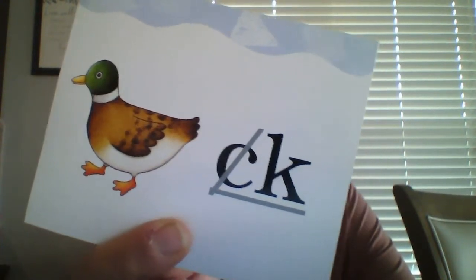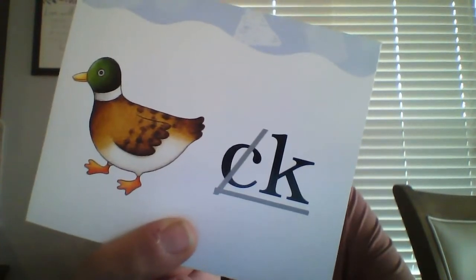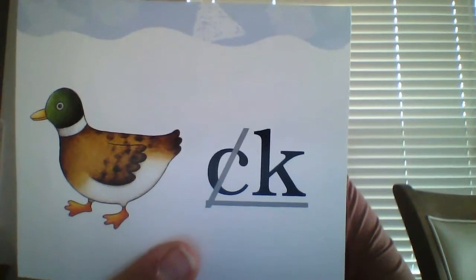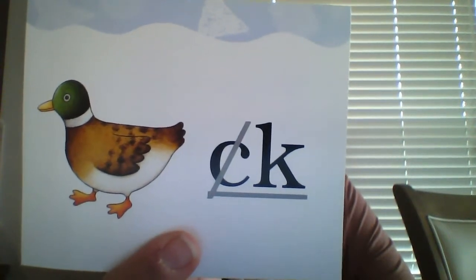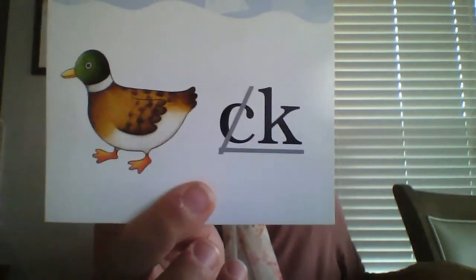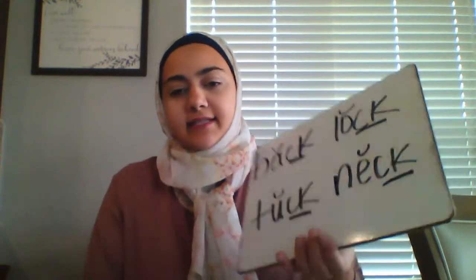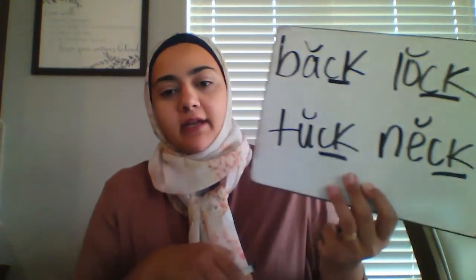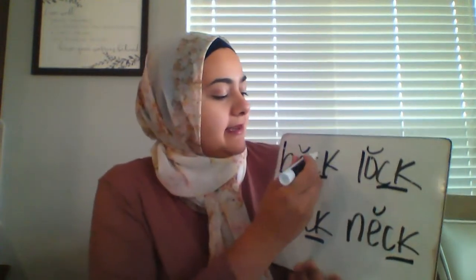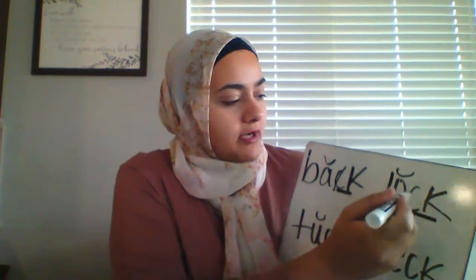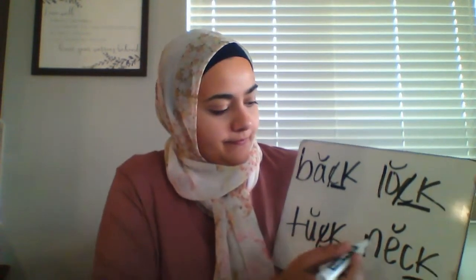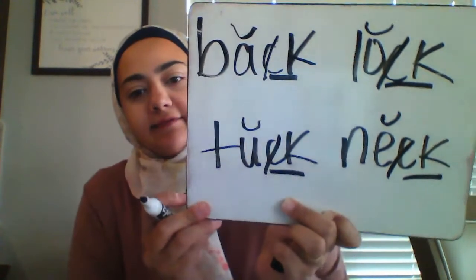We code silent letters by crossing them out. These words are not completely coded yet because we need to cross out the letter C. So now let's go back and cross out the letter C. When the letter is silent, that means you can't hear it, you cross it out. Just like that. Okay? Very good.